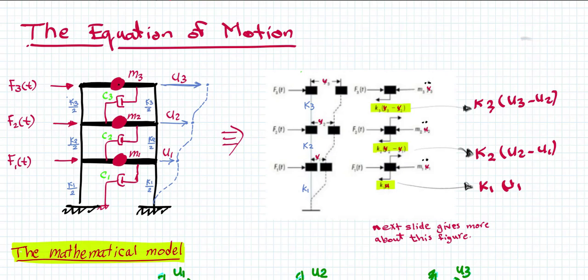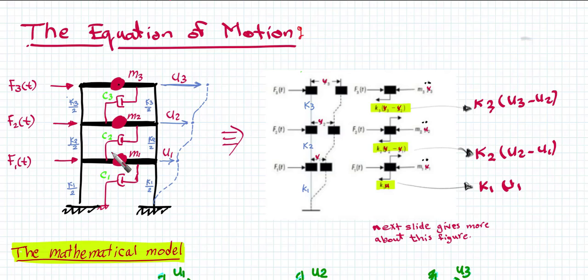Okay, now we have this equation of motion, and we need to put first the mathematical model. We're going to use a 3-story building, as you can see here, and we are going to make the representation clear for us after that.